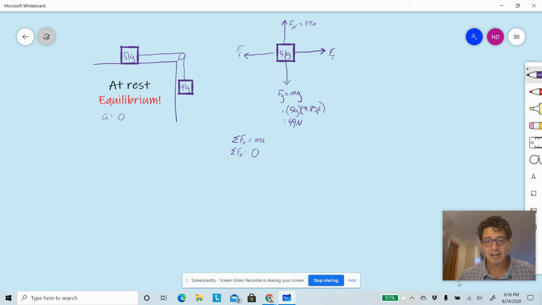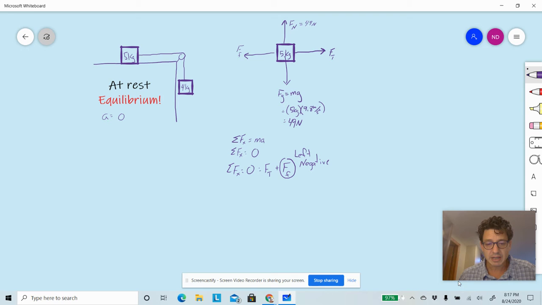Well, what forces are acting horizontally? The sum of the forces in the x equals 0. But what equals 0? The force of tension plus the force of friction. The force of friction is to the left. Because that's left, that is negative. So really, that's going to be a negative force the wrong way.